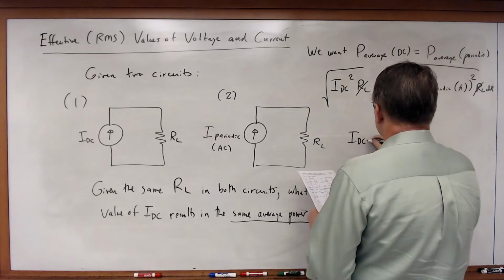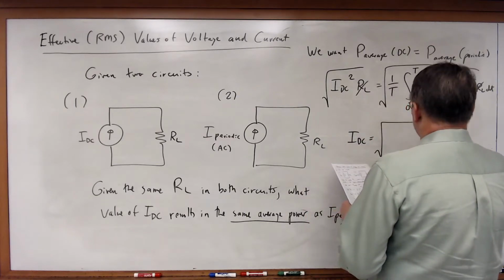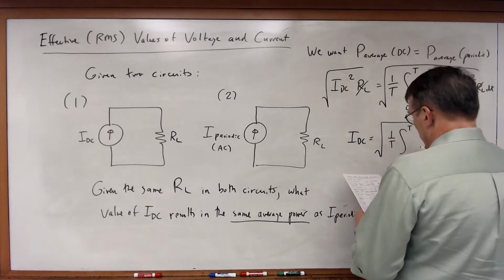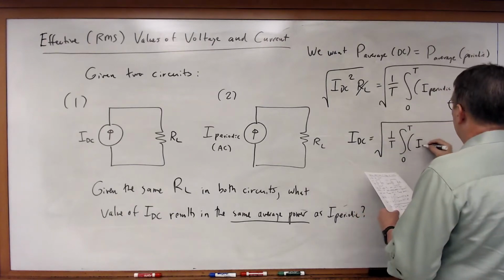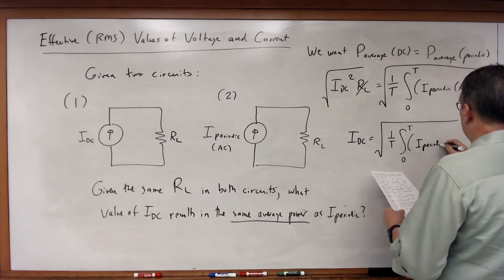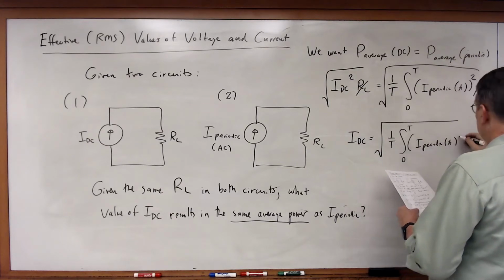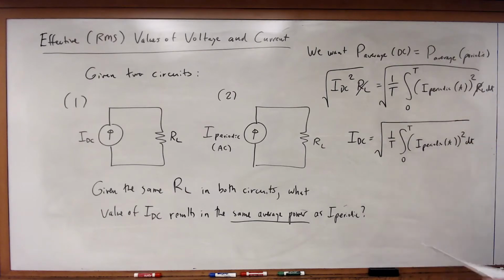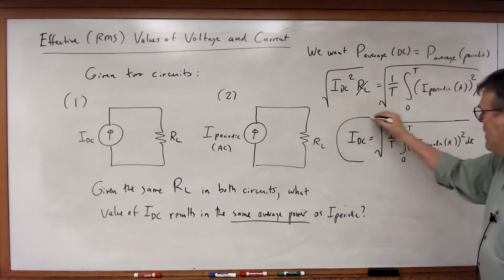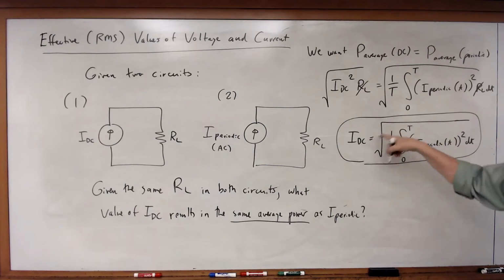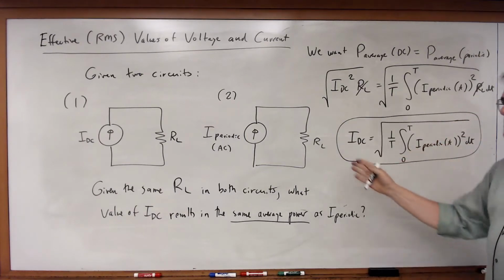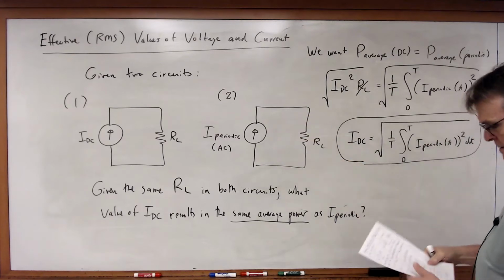IDC is equal to the square root of 1 over T integral from 0 to T of I periodic squared dt. If I meet this definition for IDC, I will have the same power dissipated in both resistors.